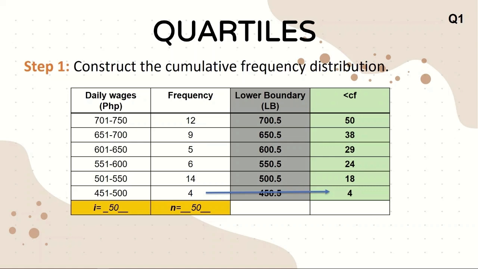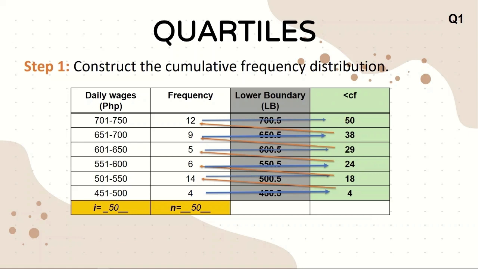So here we have only to copy the 4 and then add the successive frequency for the second class. The frequency for the second class is 14. So 4 plus 14 is equal to 18. Then 18 plus 6 is equal to 24. 24 plus 5 is equal to 29. 29 plus 9 is equal to 38. 38 plus 12 is equal to 50.